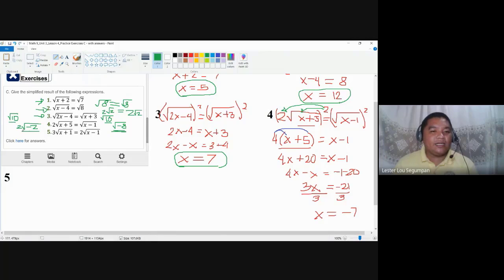This side here also does not exist because there is no square root of a negative number. In short, we check our solution here. Yes, this is the only item that will come out later on. But since this will not make the equation true because it will make both sides undefined, this is not a solution.